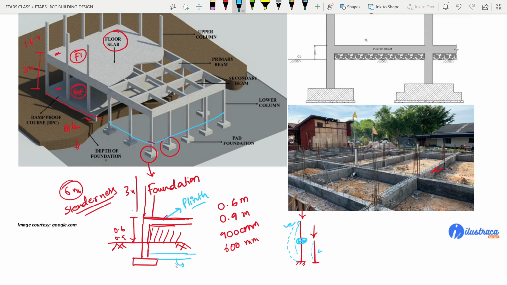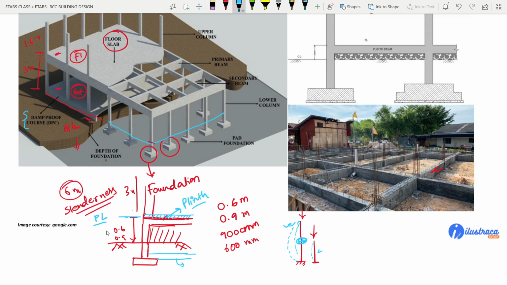That is in specific cases we may provide, but as I said, in general construction, we will be having the plinth level. This particular beam we call plinth beam, and this level we call plinth level, right? In this plinth level, we provide another thing which is called damp proof course. Okay, we provide a layer of damp proof course.